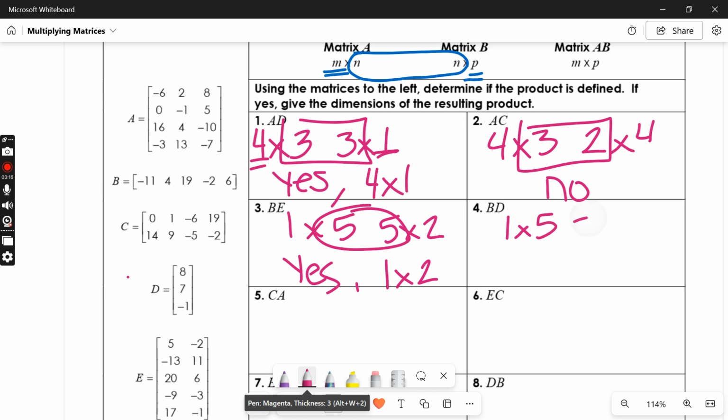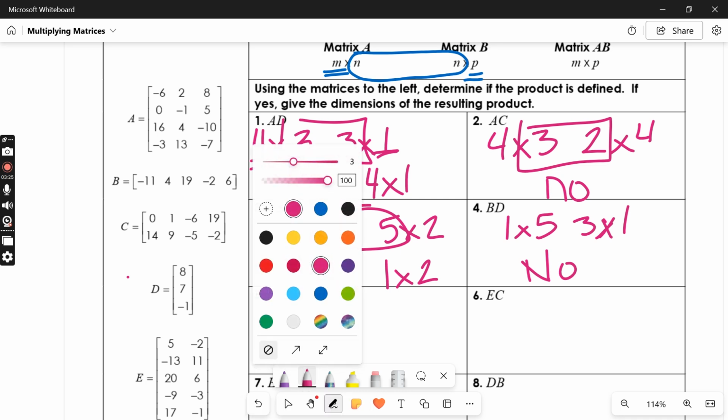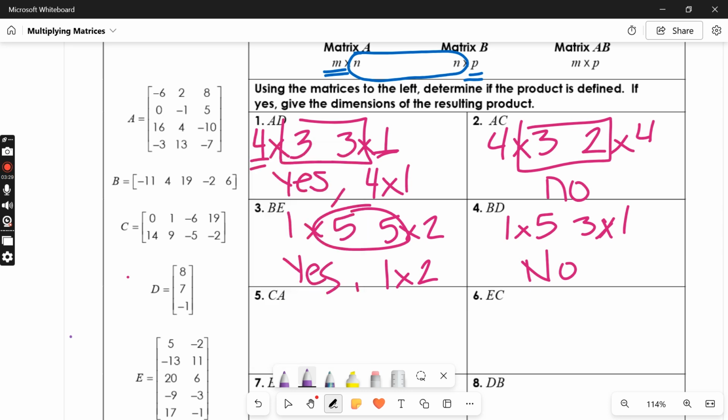D is a 3 by 1. They don't match in the middle, so we'll say no. I'm going to change colors. C is a 2 by 4. A is a 4 by 3. They match, so this would be a 2 by 3.